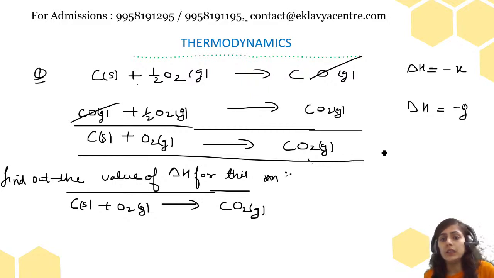So the value of delta H here will be minus X and minus Y.